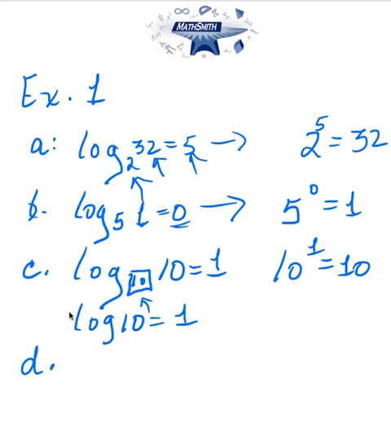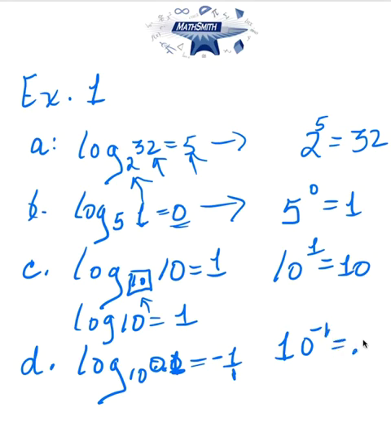D says log base 10 again of 0.1 equals -1. So what's my base? Still 10. What's my exponent? -1, and that equals 0.1.